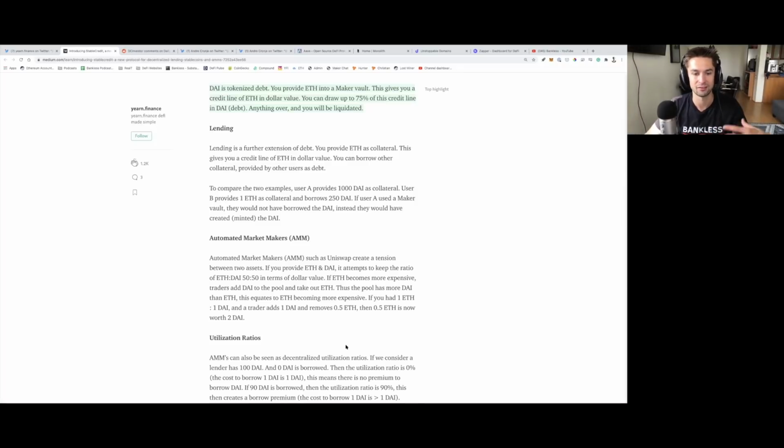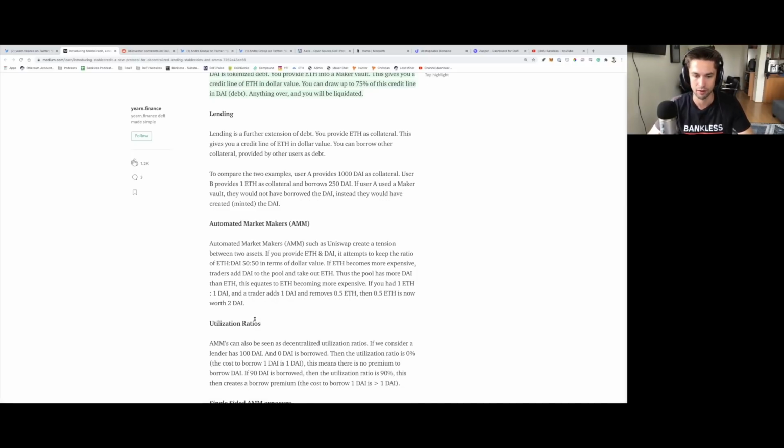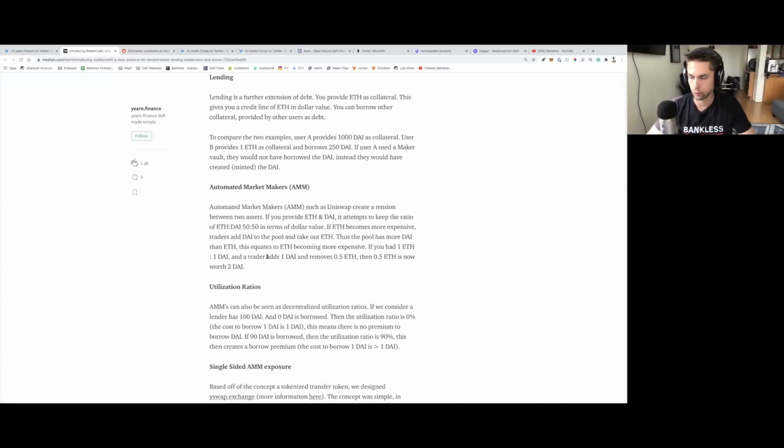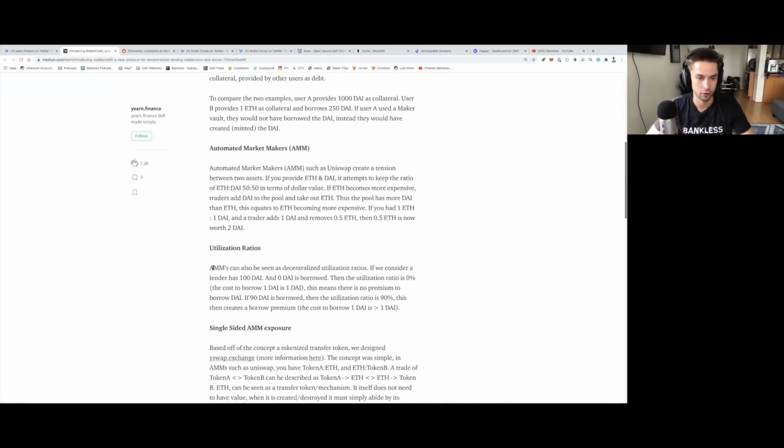Then the pool has more DAI than Ether, and this equates to Ether becoming more expensive because the ratio between these 2 shifted, and now that is the new canonical ratio. So if you had 1 ETH, 1 DAI, and then a trader adds 1 DAI and removes half an ETH, then that half in ETH is now worth 2 DAI. Like it's the new price. And we know these things. We're all comfortable with these things, I hope, if you're on the Bankless journey with us.